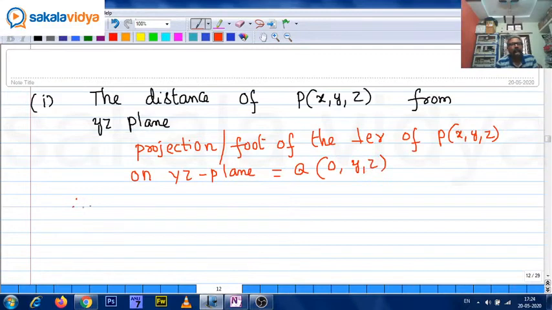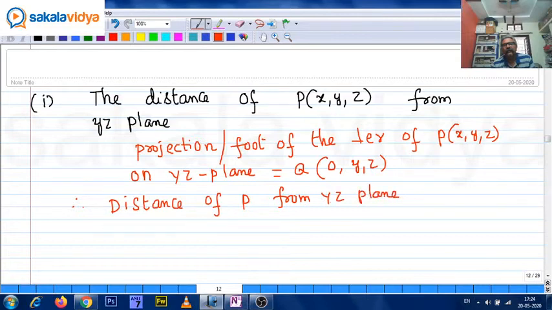Therefore, the distance of P from the yz plane is equal to, directly I will write, mod x. Understood? Mod x. We already proved this. This is the second point.